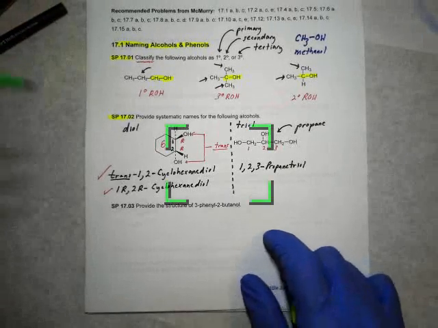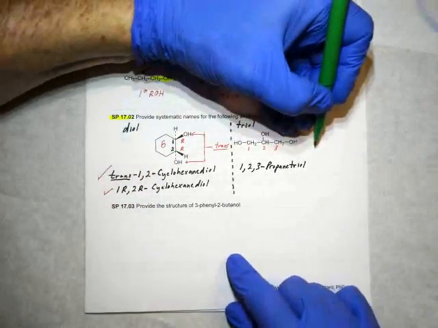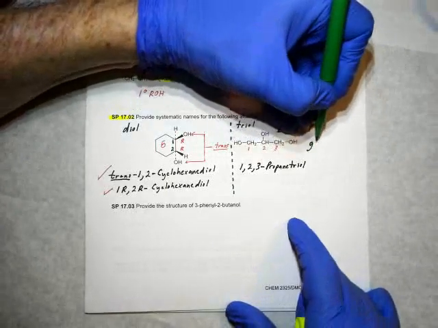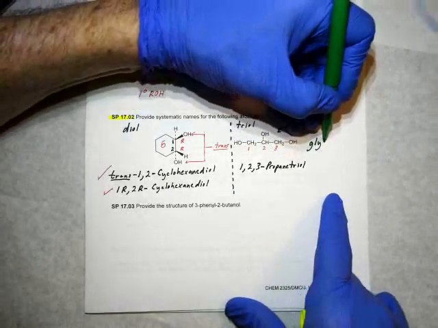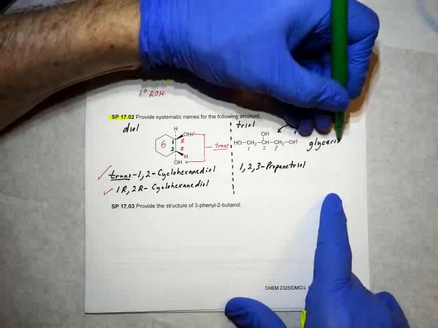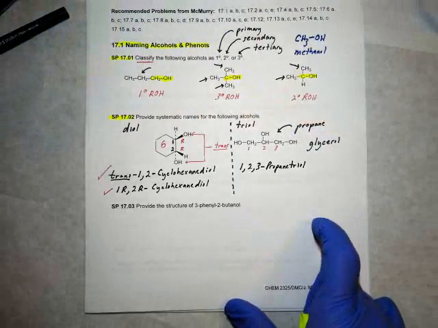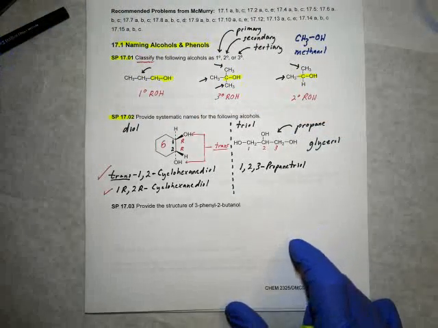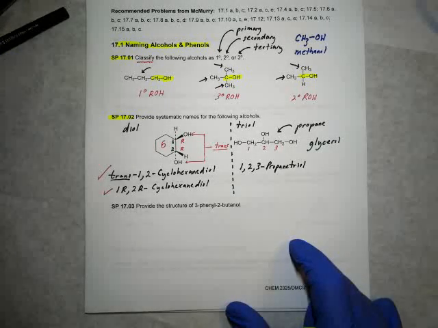Now this compound here actually has a common name, and that common name is glycerol. Right? Glycerol is actually a byproduct of the saponification of fats, and it's used to make a lot of interesting compounds, one of which is called nitroglycerin.